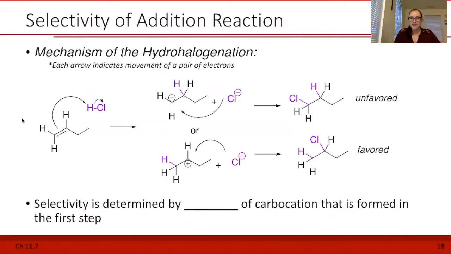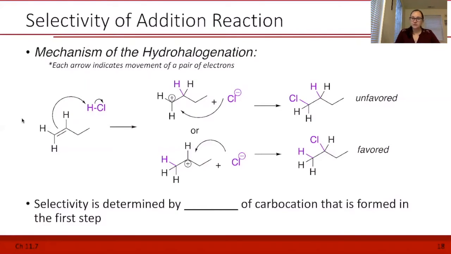A mechanism shows the movement of electrons. Electrons are what make up bonds, right? A covalent bond is two electrons shared between two atoms. So by showing the movement of electrons, we're showing how electrons move to form new bonds.